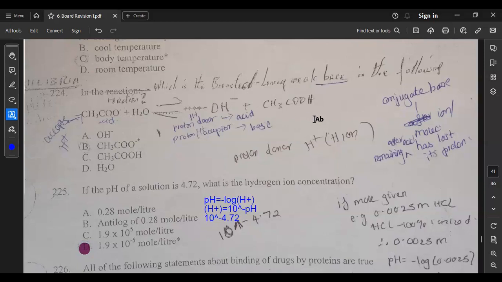So we're supposed to find the weak base. What's the Bronsted-Lowry definition of a base? It's a proton donor. No, acceptor. Yeah, acceptor.